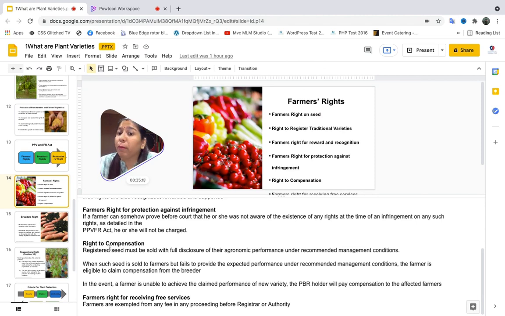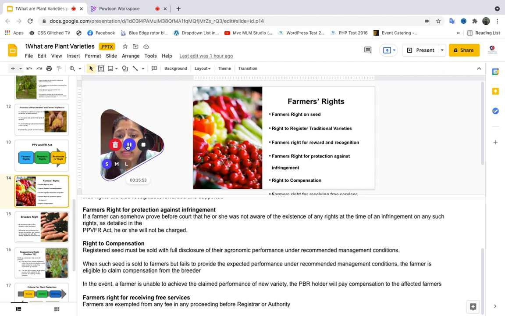So I have to make a complete agronomic disclosure about it, that in this specific method my seed should be sown in the soil. So when such seeds are sold to a farmer and the seed is unable to perform at an expected level, or it is unable to perform under the recommended method, that farmer will be able to claim compensation.